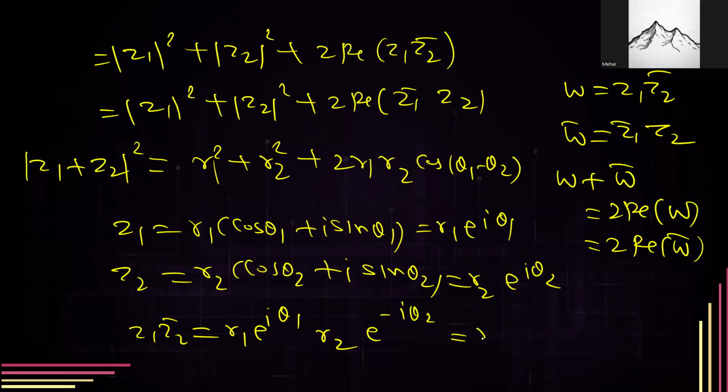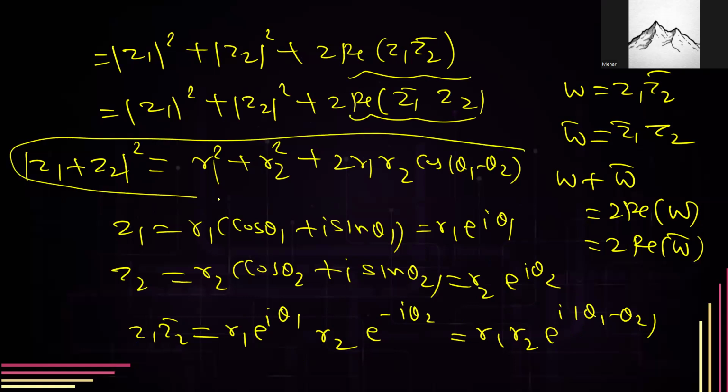So when you multiply, it will become r1 r2 e power i times theta 1 minus theta 2. And what is e power i theta again? Cos theta plus i sin theta. The real part would be r1 r2 cos of theta 1 minus theta 2. That is why I wrote this formula here, this part or this part. So this is the most important formula again in this topic. You have to remember this. Instead of these two, we mostly use this in problems.